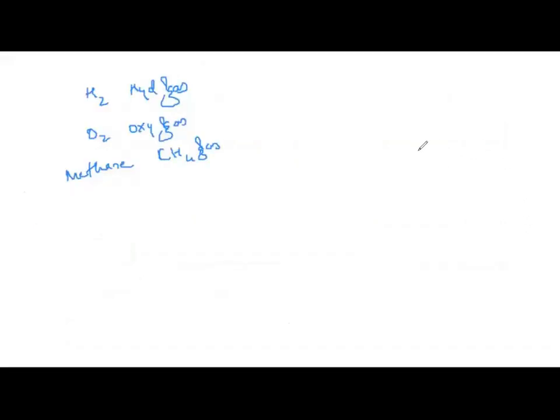So see here, which law comes here? The law which comes into context is Avogadro's law. What does Avogadro's law say? Equal volumes of any gases at standard temperature and pressure contain an equal number of molecules.